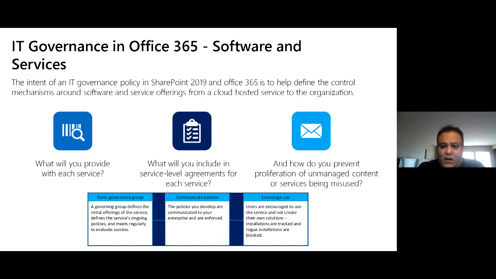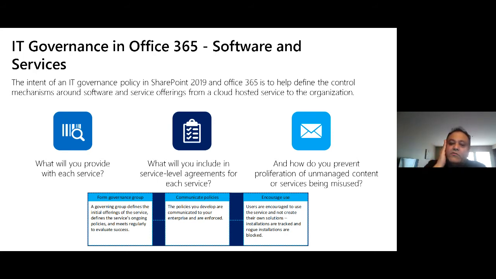The last but not least, as I mentioned, is prevention instead of reaction. So the idea is to get ahead of the 8 ball and not behind it. If data has leaked or data has been compromised, or if content has been misused or something has been done that is against corporate policy and you're reacting to it, you're already too late.